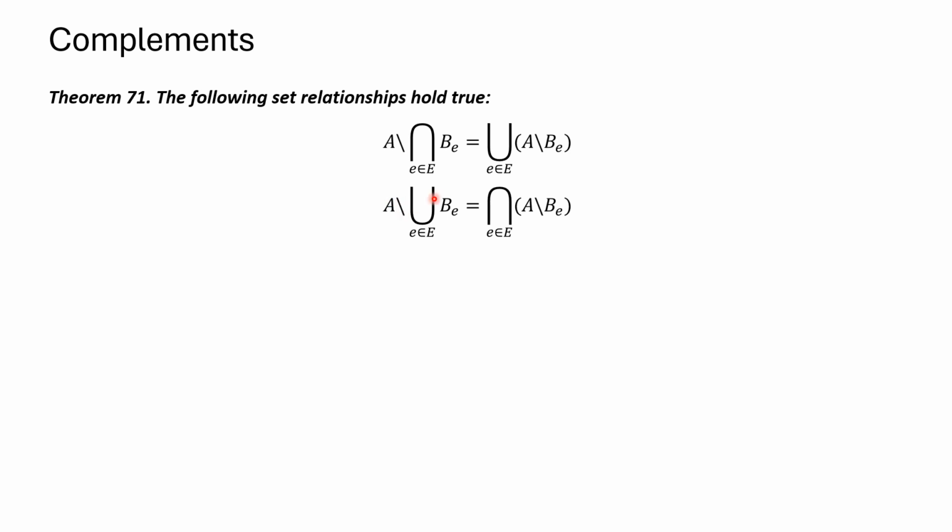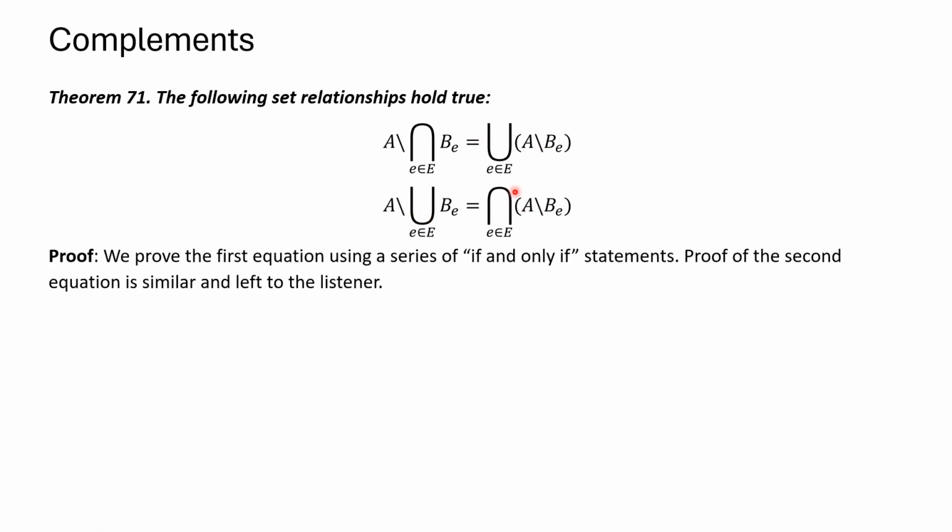If you have A minus the union of a collection of sets, that equals the intersection of A minus B sub E. So these are basic set theory relationships. I have a proof for the first one here. The second one's similar.